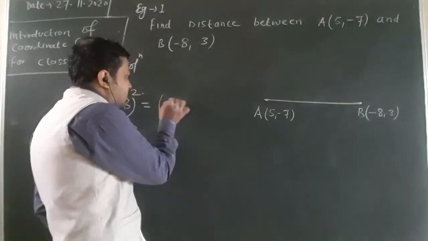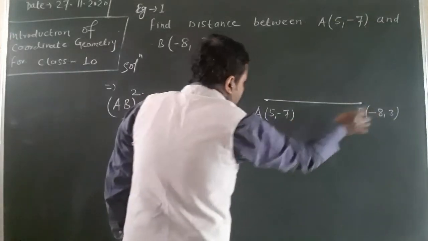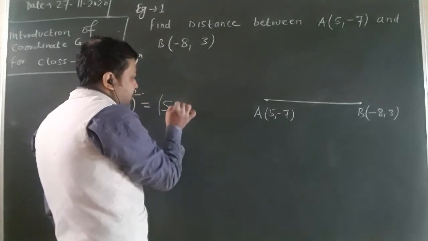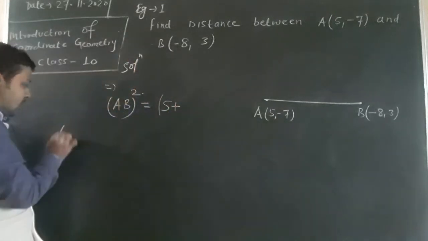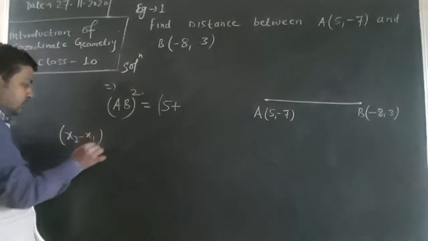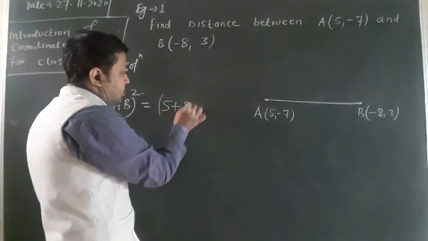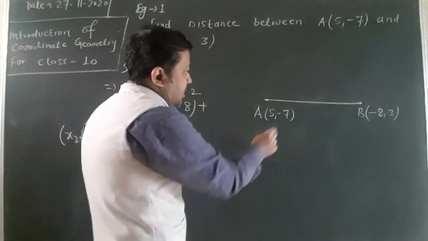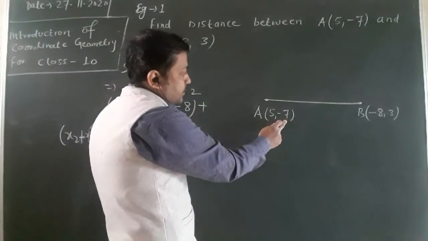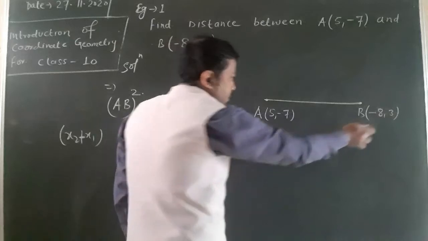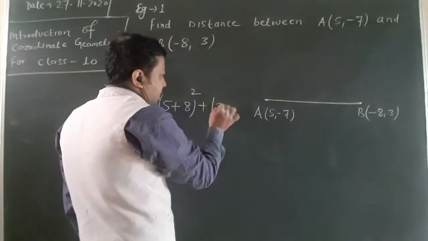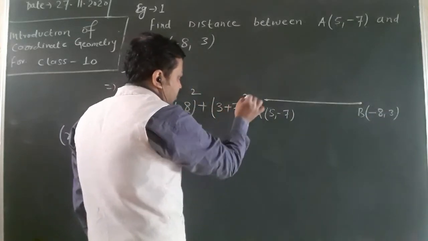So first write the positive term, and then since this is negative, minus will become plus, because it is x2 minus x1. So I have written 5 plus 8 whole square. Again, plus the second component of A and the second component of B. This one is positive, so it is better to write 3 plus 7 whole square.